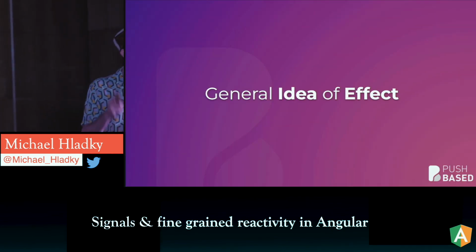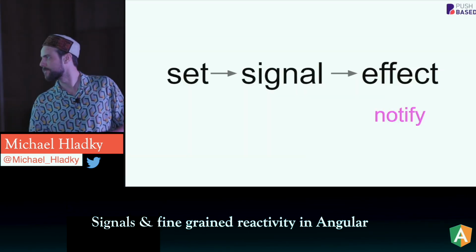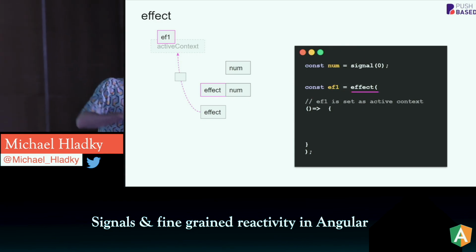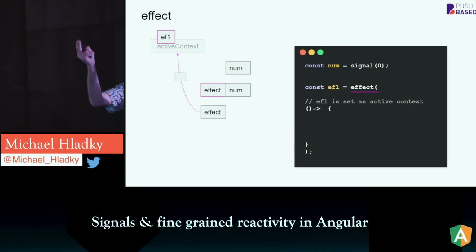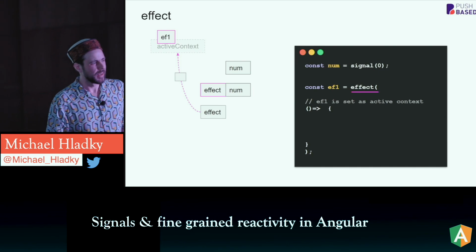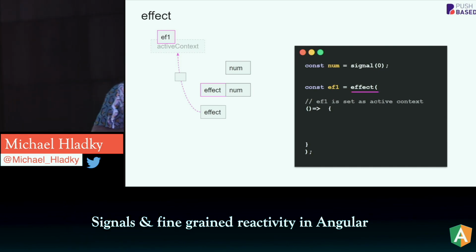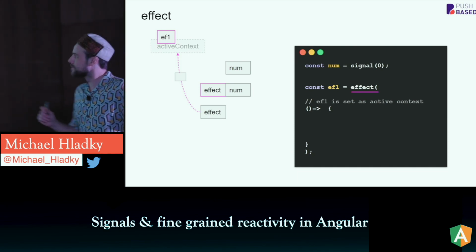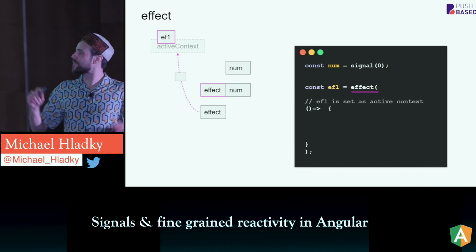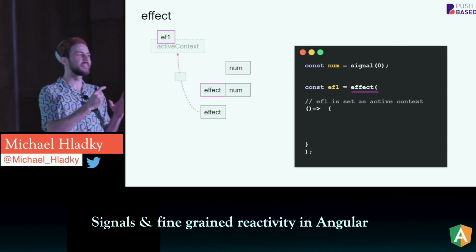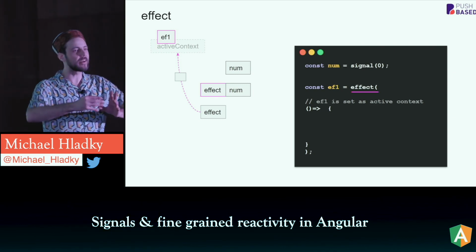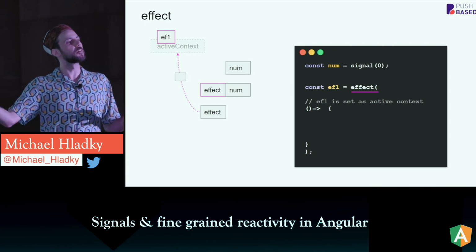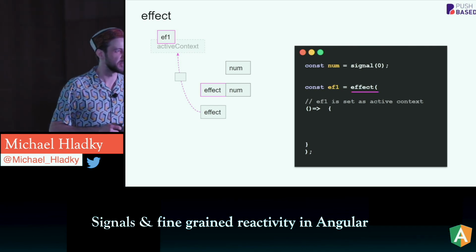So what is this effect? Now it starts to get interesting. I create a signal, first line. I have this object where I can call set-get on it, and then I create something that is called effect. And a couple of people started to believe that this effect is identical or very similar to subscribe from an observable, and I will show you that it is not very similar.